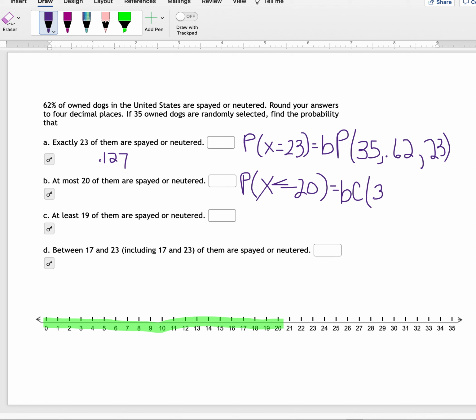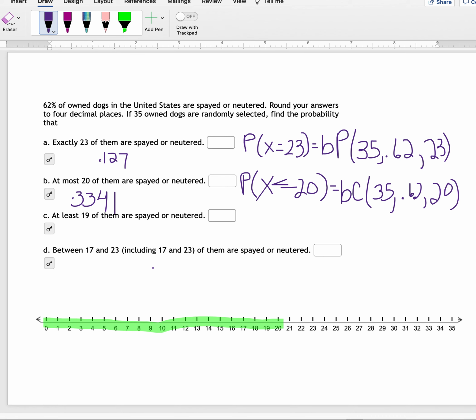We're going to put in that the number of trials is 35, of course. Our probability is 0.62. But with our accumulated value for the binomial CDF, whatever value you put in for x, it's 0 and all the way up to that value, including that value. So in this case, we want 0 all the way up to 20. So I'm going to put in x is 20. And so when you put that in the calculator, you should get 0.3341.